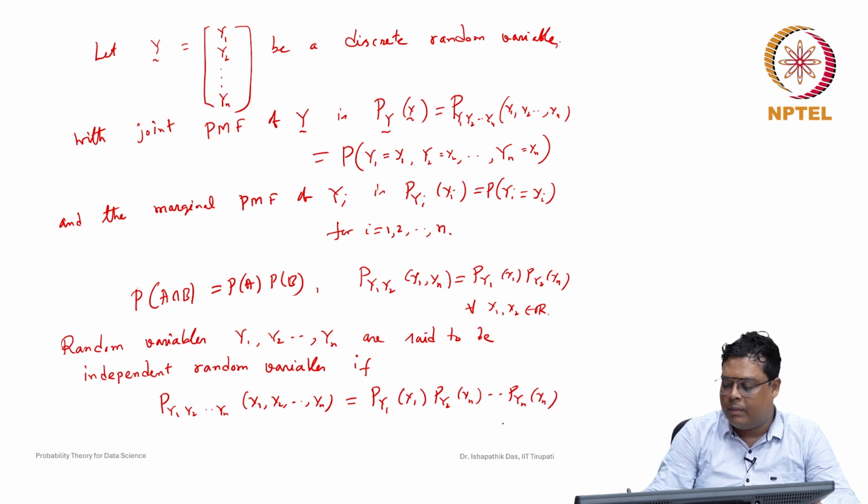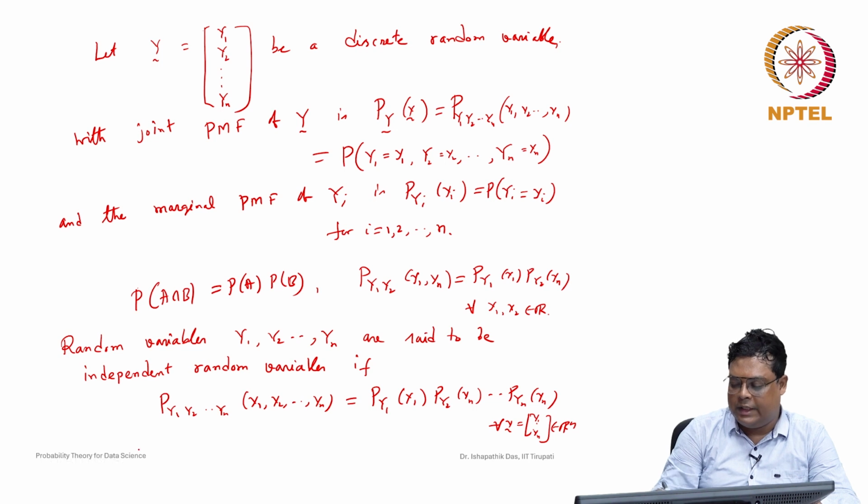Note that this holds for all y1, y2, yn belonging to R^n, for all y. So this can be represented in a very simplified notation: P of y equals the product over i equal to 1 to n of P of yi.